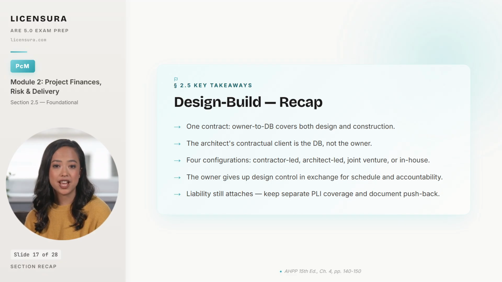And fifth, the architect's professional liability does not disappear just because the DB is making the decisions. Keep separate professional liability coverage. Document every time you formally object to a direction, and treat your pushback trail as the evidence file that will protect you when the building generates a claim.